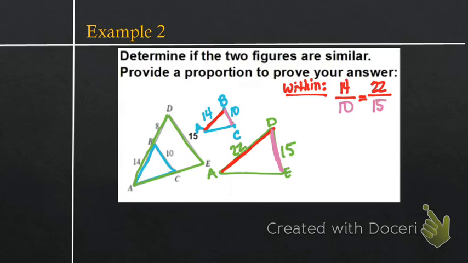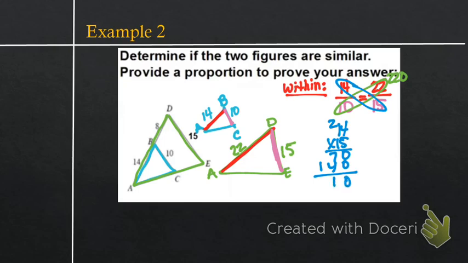If I were to cross multiply, we get 220. And if I cross multiply here, 14 times 15, I get 210.